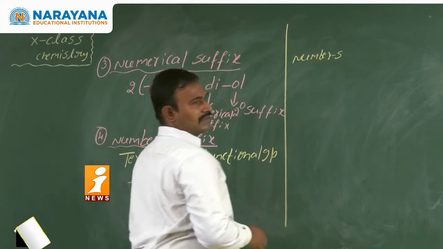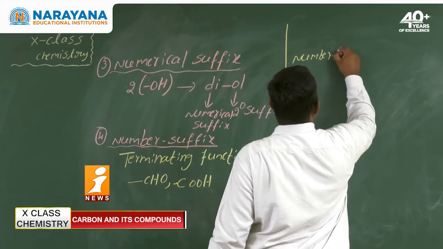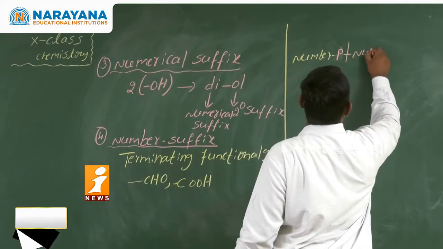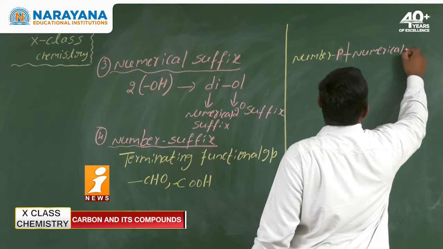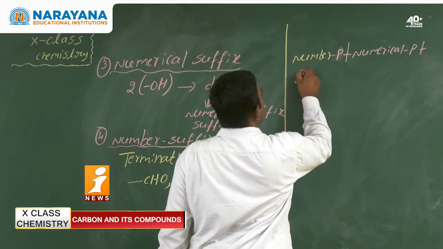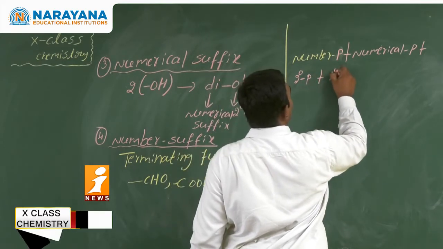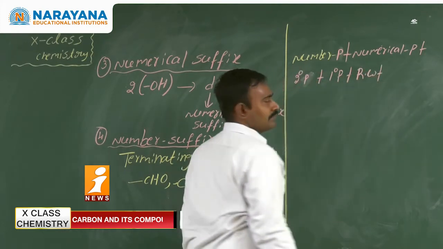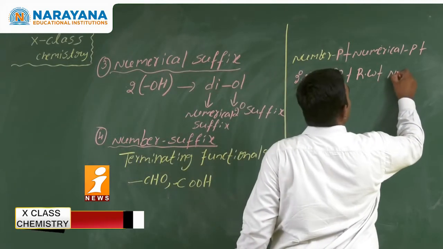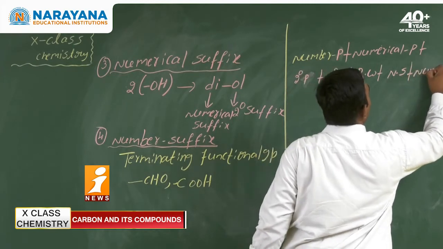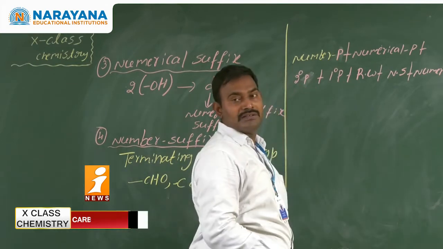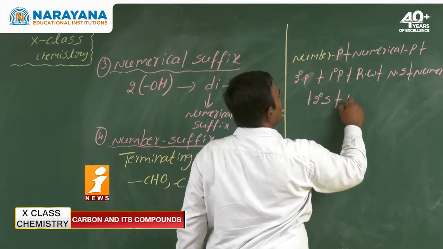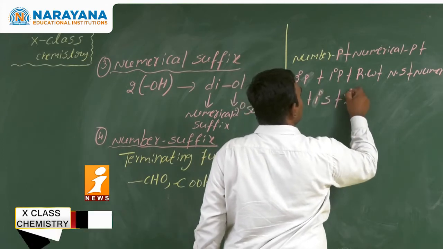Okay, number suffix. Here, it indicates the number prefix plus numerical prefix plus secondary prefix plus primary prefix plus root word plus number suffix plus numerical suffix plus primary suffix plus secondary suffix.